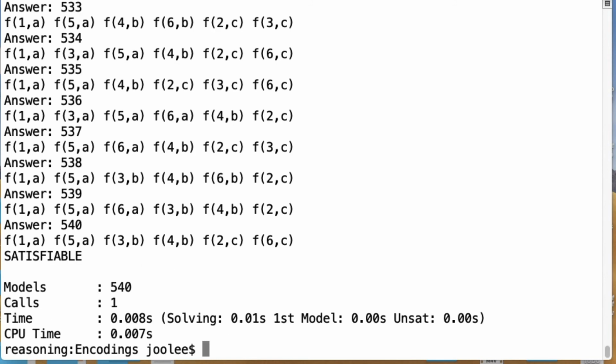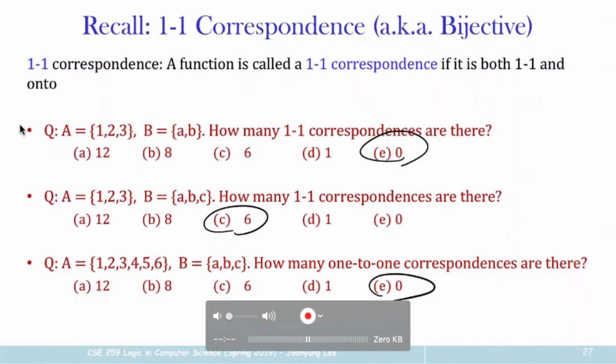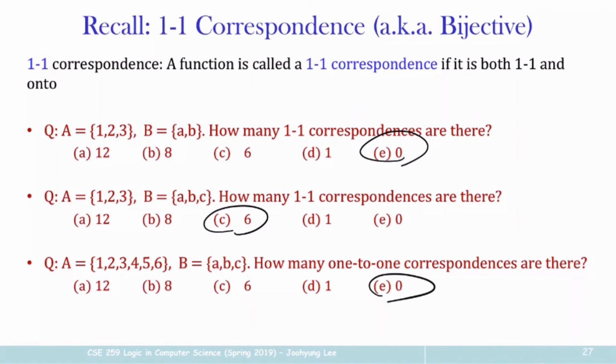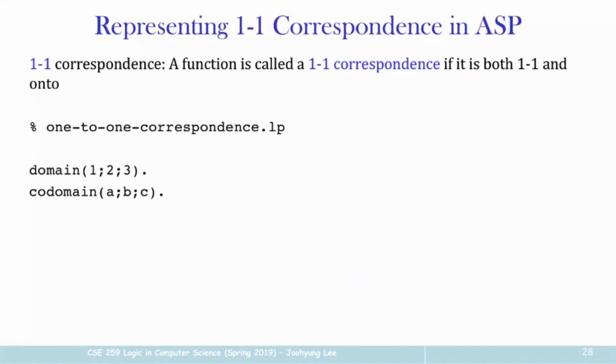And maybe this is the last slide for today. It's one-to-one correspondence, which is basically bijective. So what is the definition of one-to-one correspondence? It is both one-to-one and onto. We know how to write onto and one-to-one, so as you can expect, it's actually easy to write.